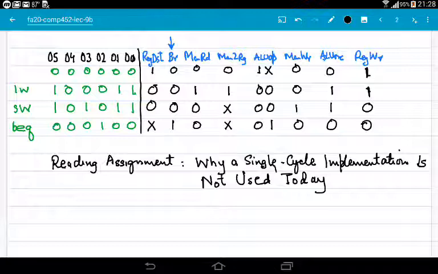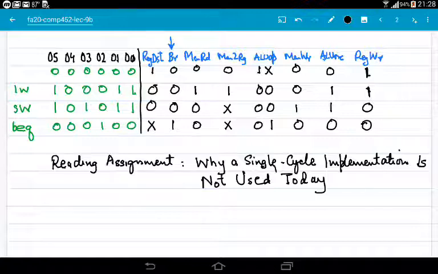What we have discussed so far is the single cycle implementation, which means that in one clock cycle, one instruction is executed. So once an instruction is completely executed, only then the next instruction is fetched and executed, and then after that, the next instruction is fetched and executed.